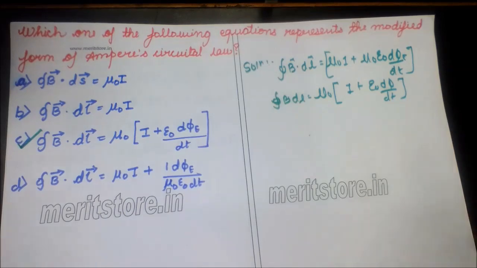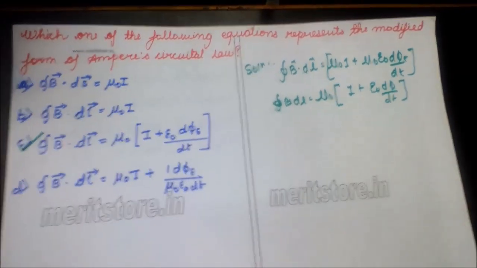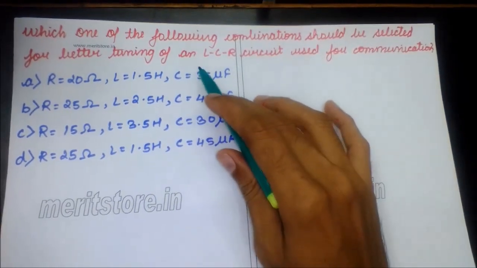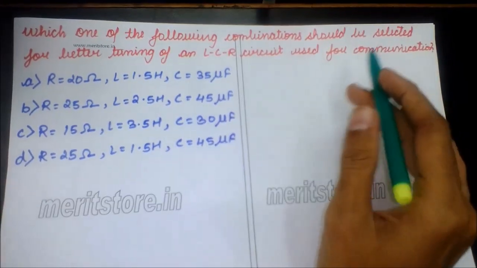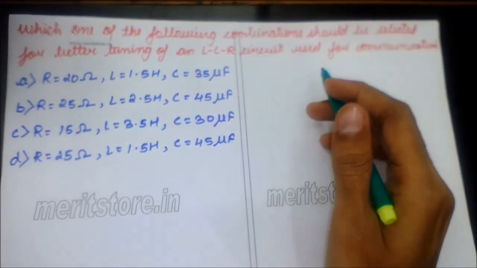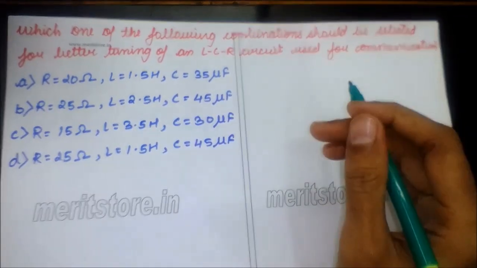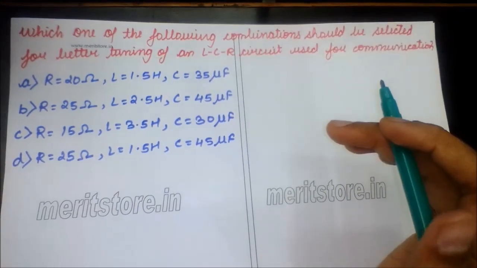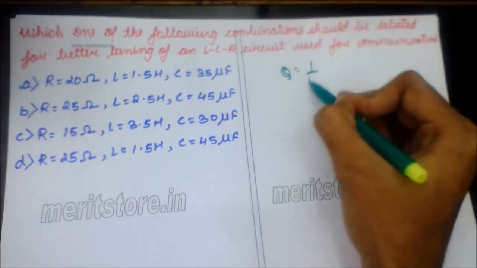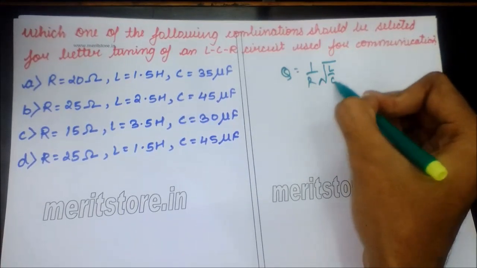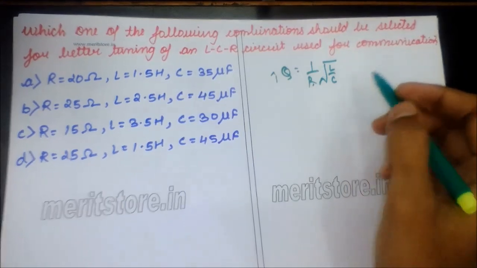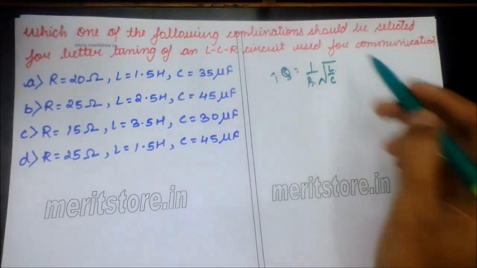Which of the following combinations should be selected for better tuning of an LCR circuit used for communication? So in order to have a better LCR circuit used for communication purposes, the quality factor of the circuit should be high, and that quality factor Q depends on the formula 1 upon R under root L upon C. So for the quality factor to be good, the resistance should be less, the capacitance should be less and the inductance should be high.